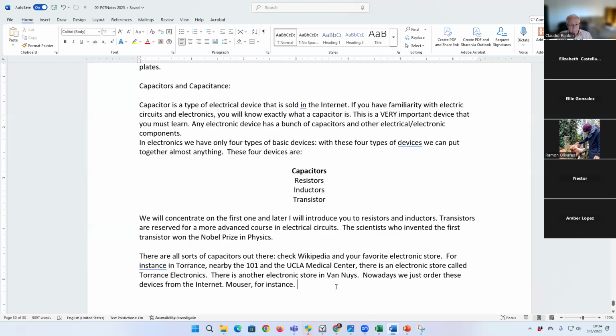Capacitors are made from two pieces of a conductor material. Okay?